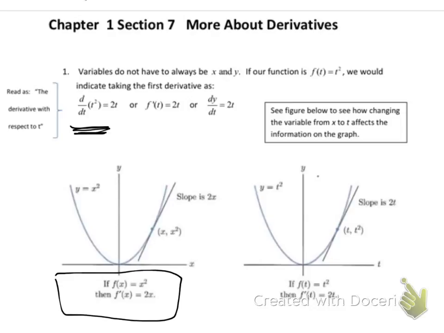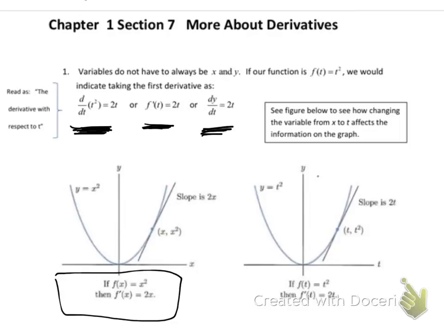And we can either write it this way, which is with the Leibniz notation, we can write it this way, which is prime notation, or we can write it this way, which is dy dx, but because it's t, it's dy dt. So make sure that you are familiar with all three notation types.